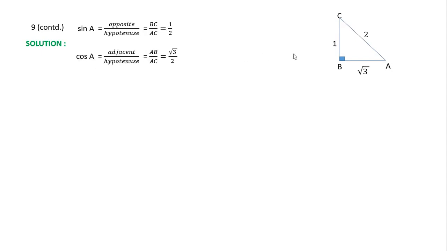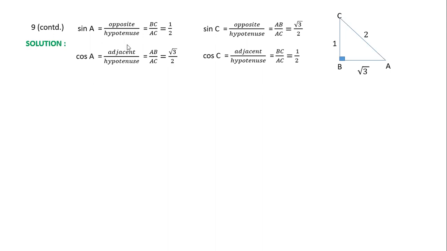Cos A is adjacent upon hypotenuse, which is root 3 upon 2. Then let us calculate sin C. C is here. Opposite is root 3 and hypotenuse is 2. So it is root 3 upon 2. Cos C is 1 upon 2.